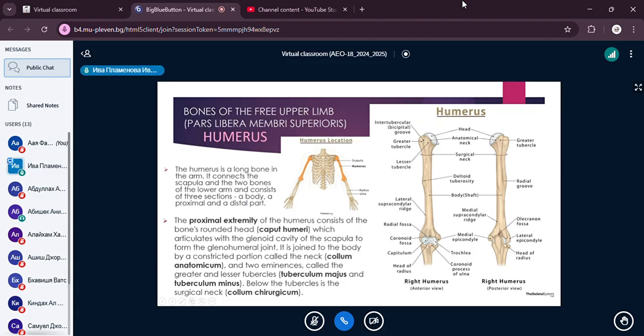Here we have the head of the humerus, which is actually an articular surface for connection with the glenoid cavity of the scapula. They form the glenohumeral joint or just articulatio humeri. So that's the head.